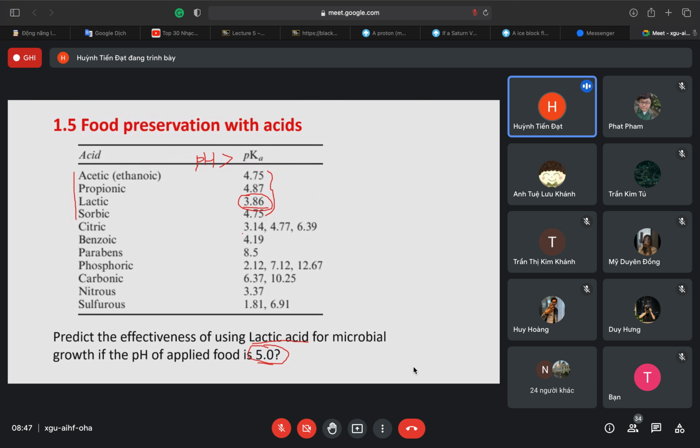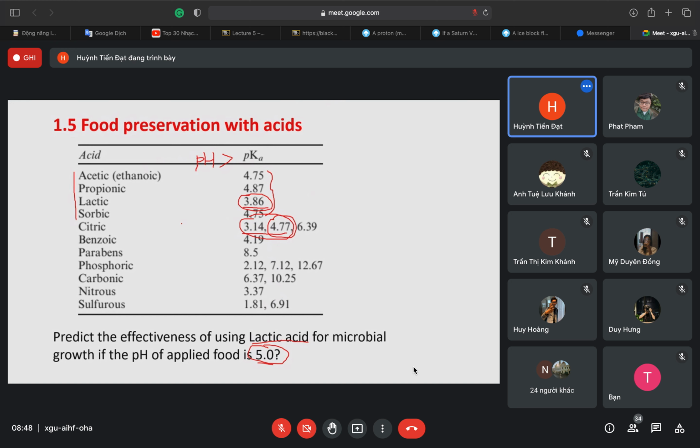Okay, so now this pH is over 3.14 and over 4.77, so most likely 2 carboxyl groups in the citric acid are already dissociated.